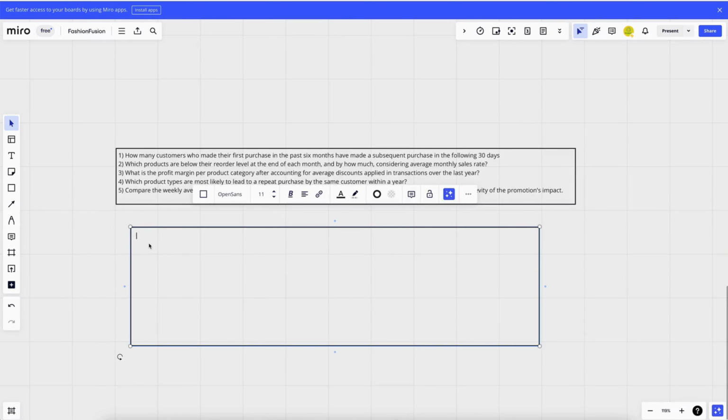How many customers, they mentioned, so we need to query the customer table, and who made their first purchase, so that should be the order table. We need to know, are we going to use the order table or order detail table here? Since they just want to know the first purchase, we can just use the order table where we have the order date here. So let's start with the first SQL query.